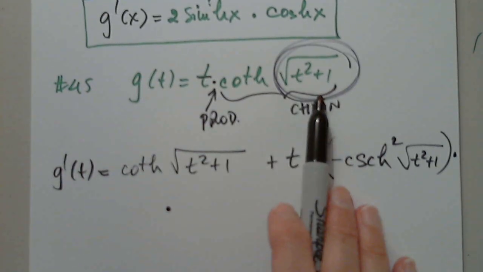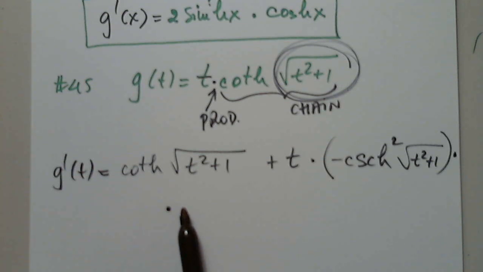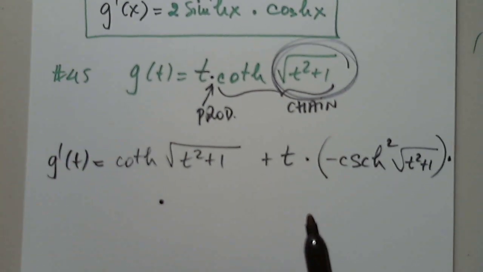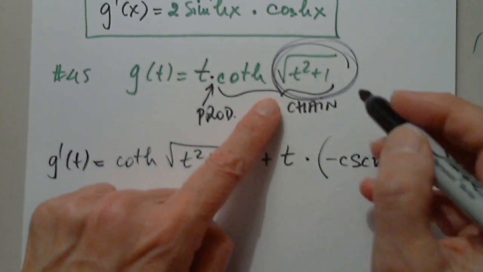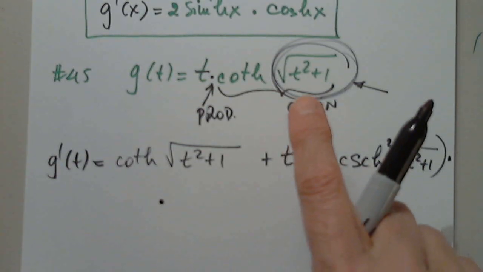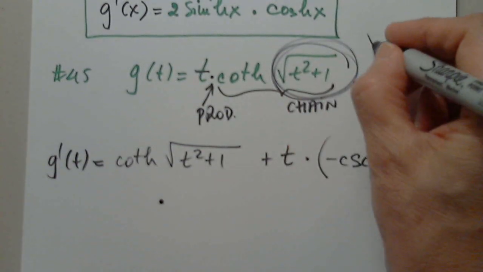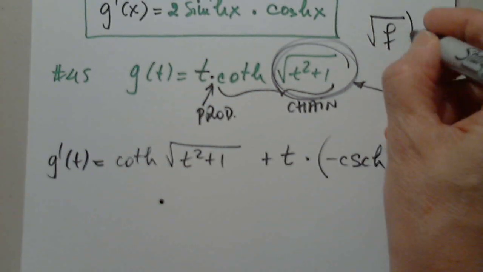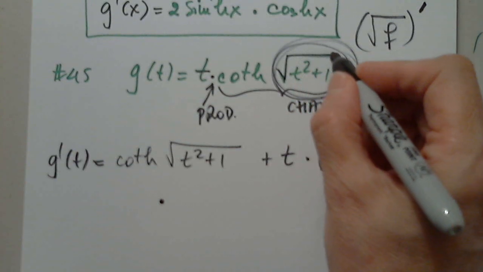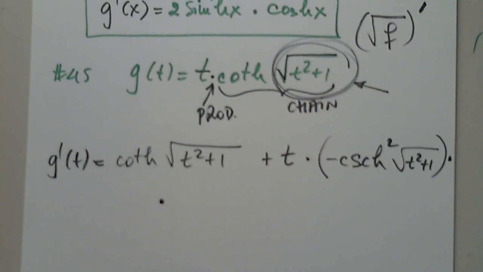Can anyone give us the inner function prime? 2t. The inner function is the square root of a function, prime. It's the square root. That would just be 1. The square root of a function prime.